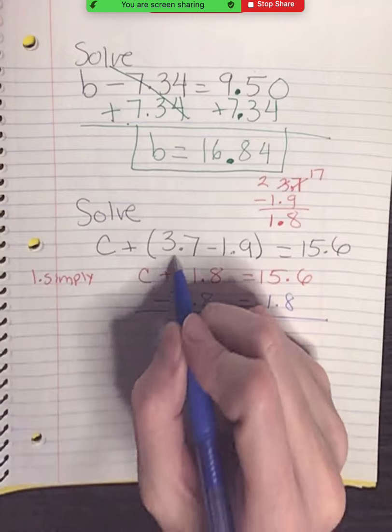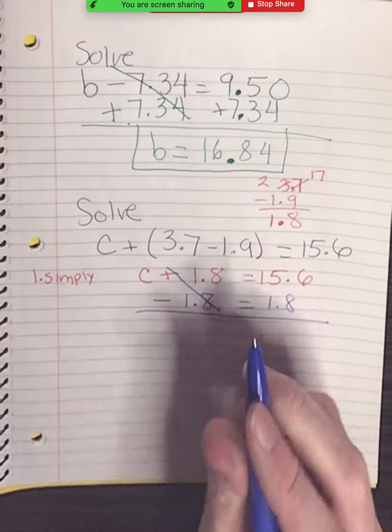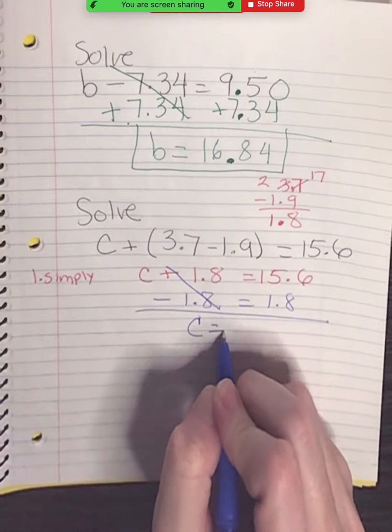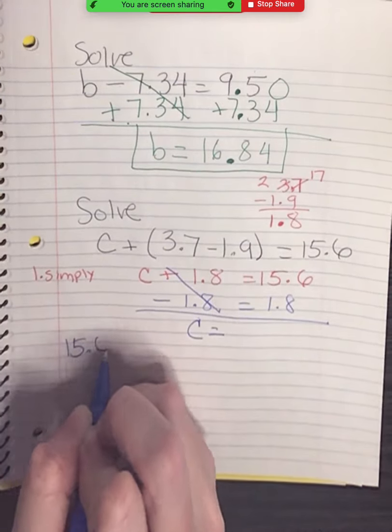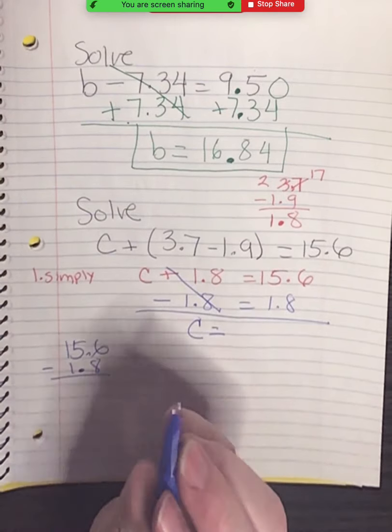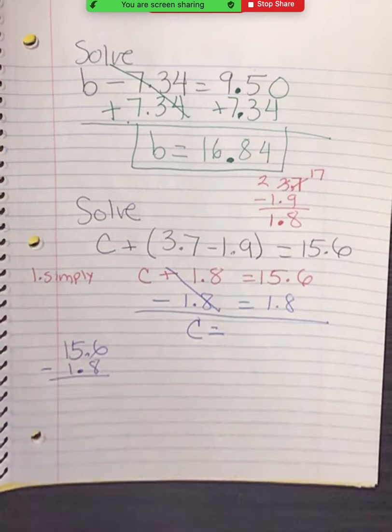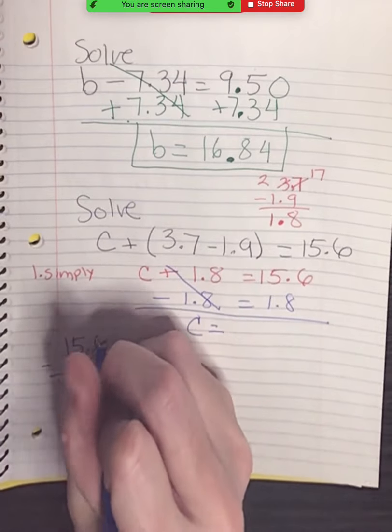So we get 13.8 for c. Okay, so solving decimal equations, same exact steps, right? Use your inverse on both sides to isolate your variable. Okay, and that is 3.4.